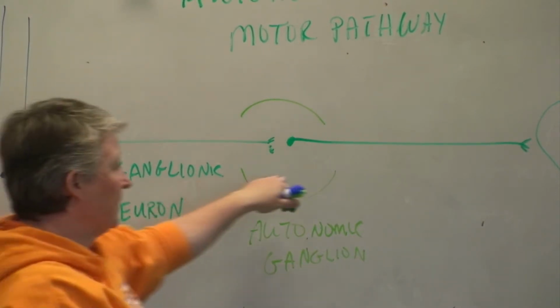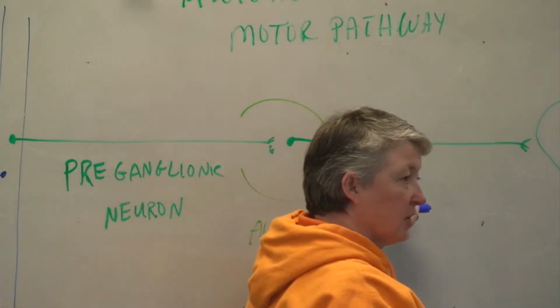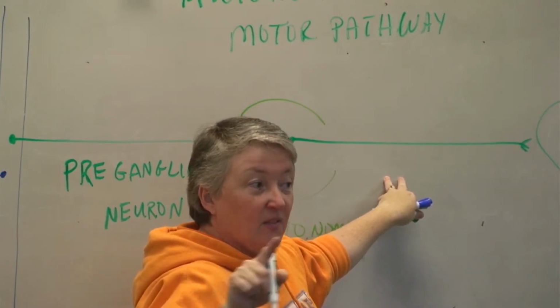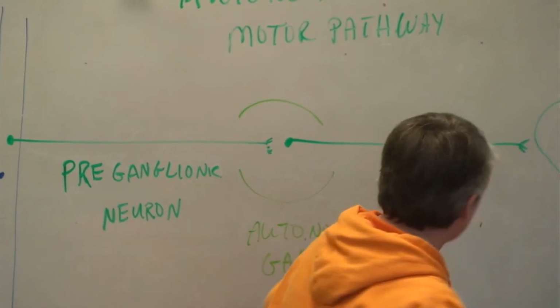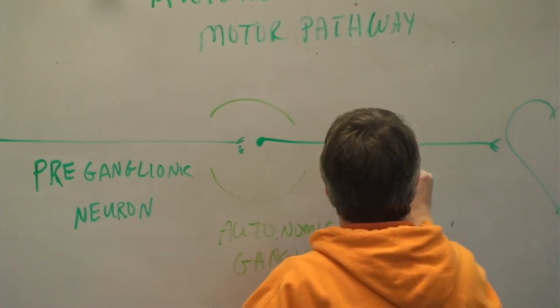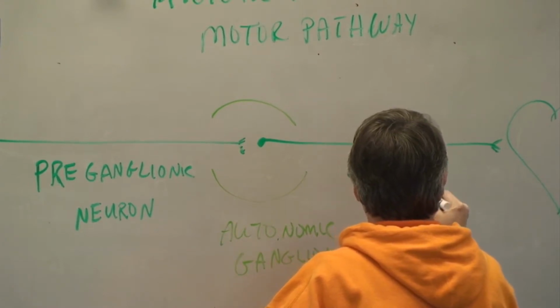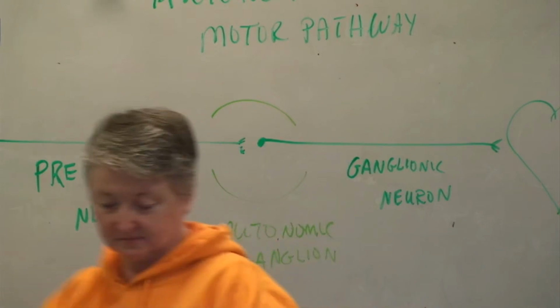Because it's going to the ganglion. This neuron is called a, no, I know, that's what you would think. This neuron is called a ganglionic neuron. Because it starts in the ganglion.